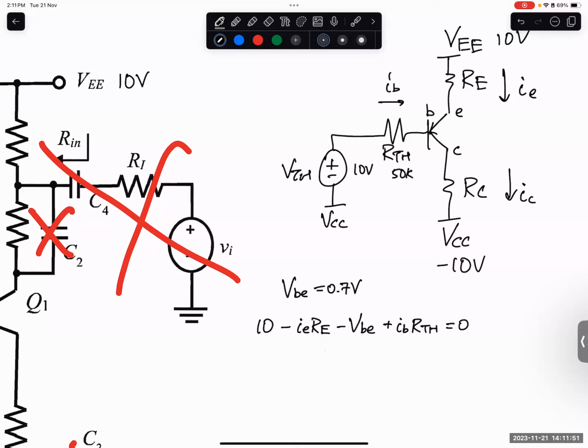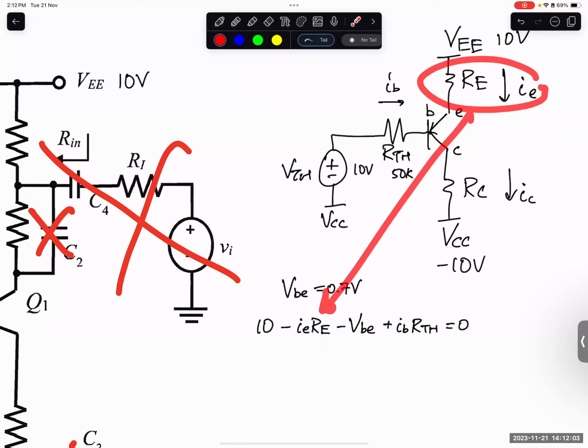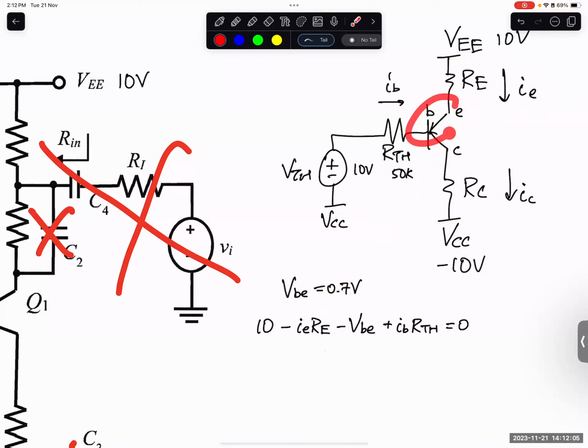IERE is here, and then VBE. Plus VBE, not minus.